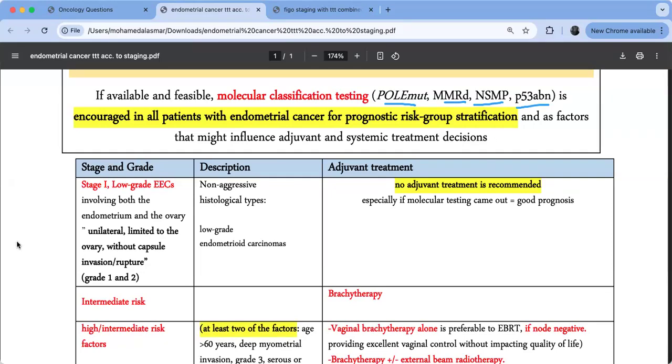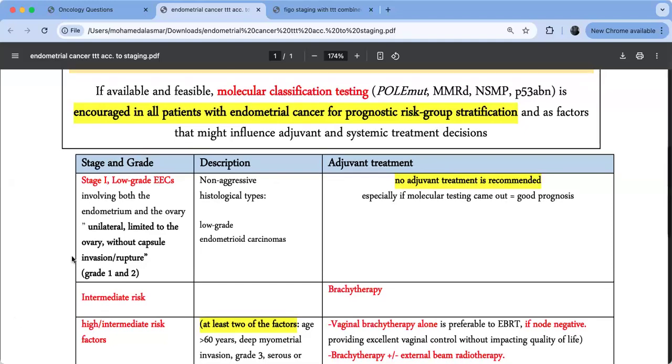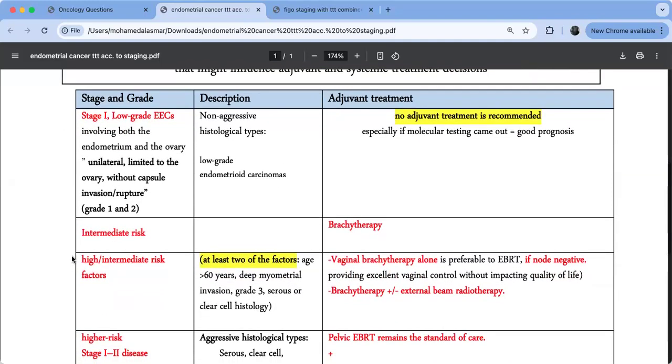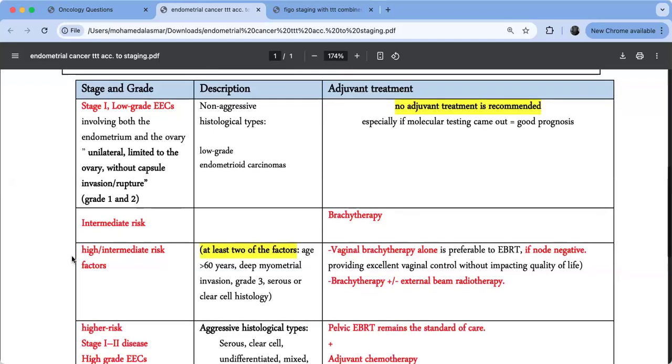Okay, so let's see, if I have stage 1, low-grade tumor, what is the management? Stage 1, well-differentiated. Well-differentiated is like low-grade, like non-aggressive.